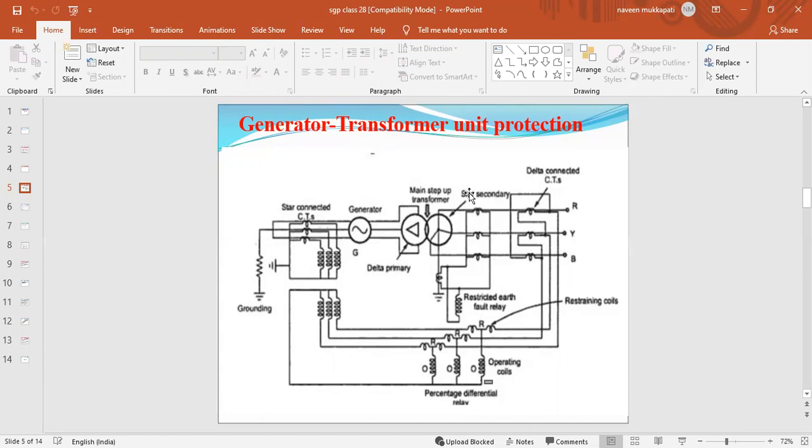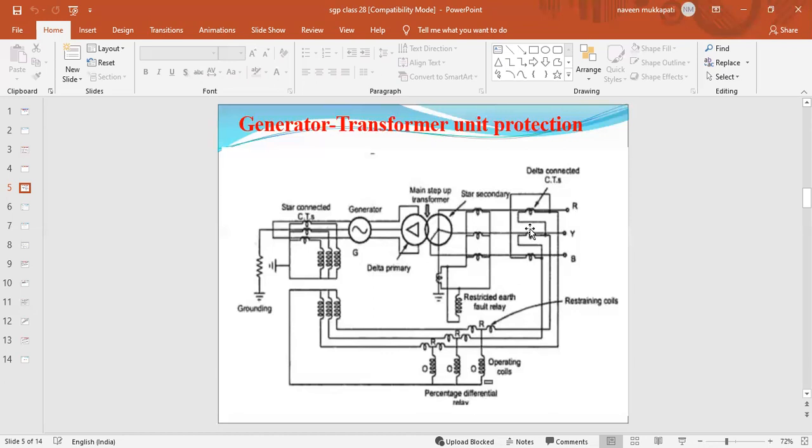The balanced condition of the two CTs is disturbed when internal faults occur. Why? Because the balance is disturbed. That means suppose internal faults occur near the transformer or the generator.